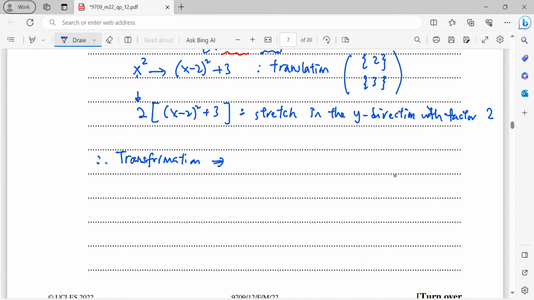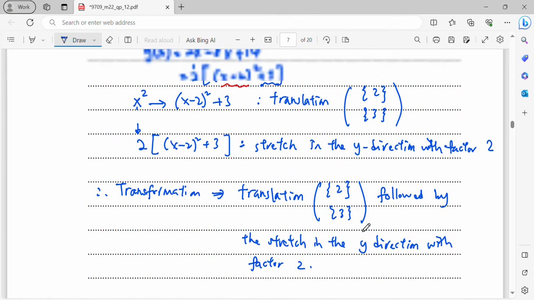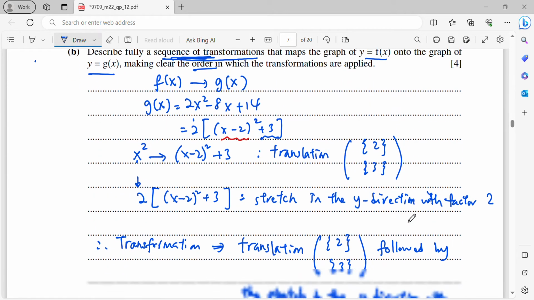It will be translation two in the x and 3 in the y-axis, followed by the stretch in the y direction with factor 2. So this is our full transformation. Alright, so that's the solution of this part B.